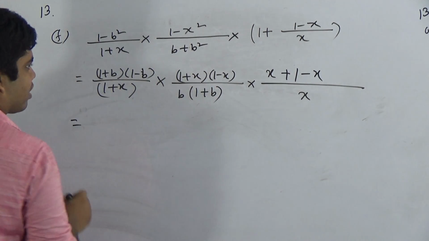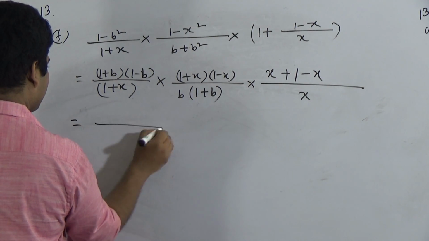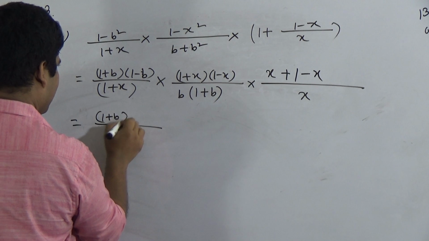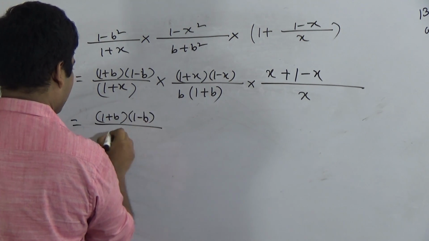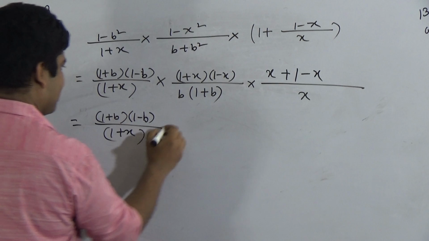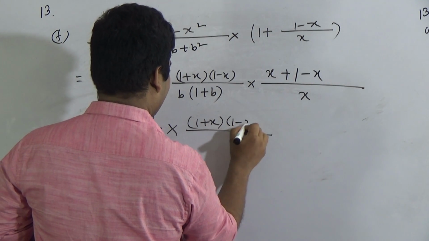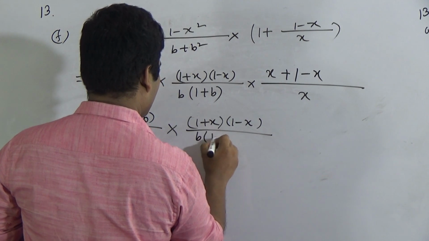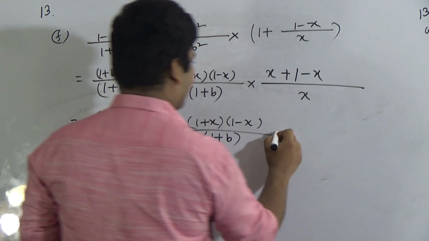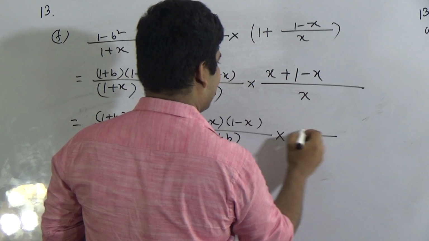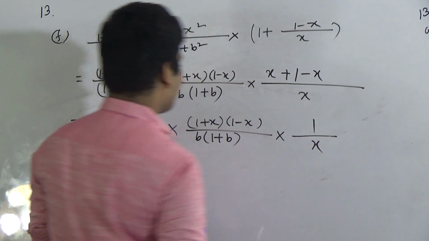Okay. Now notice 1 plus b, 1 minus b, 1 plus x multiply by 1 plus x, 1 minus x, b into 1 plus b. On the other hand, x and x are cut, left 1 and here x.